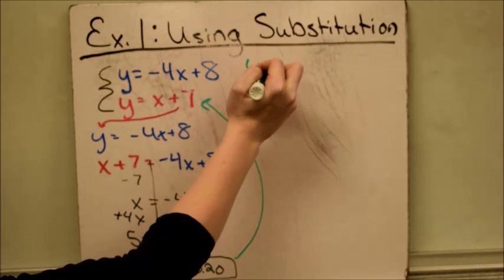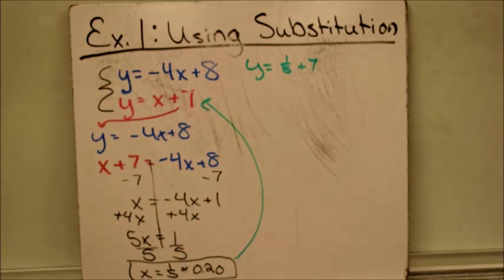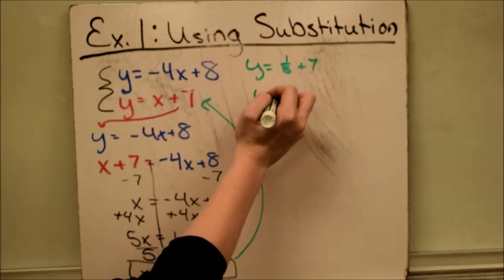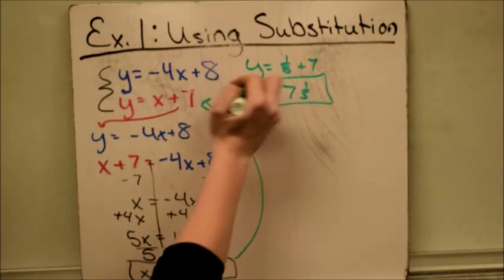So y equals 1/5 plus 7. Now I'm just solving for y. So 1/5 plus 7 is y equals 7 1/5. That's my second answer.